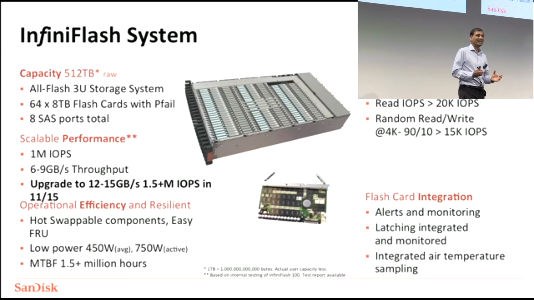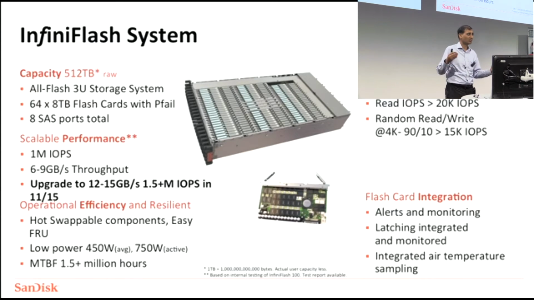It's very dense and a very large capacity. You don't necessarily need to use all 512 terabytes. Especially in a scale-out cluster, most customers don't pack it to full capacity as a single node, because you're going to be scaling out, so you can start off with smaller capacities for each InfiniFlash node and scale out.